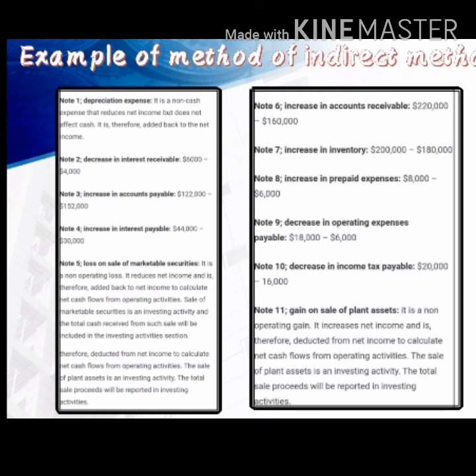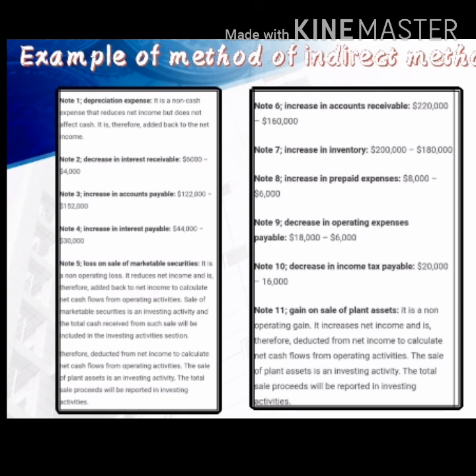Then last is number 11, the gain on sale of plant assets. Here it says that it is a non-operating gain because plant assets are already owned by a company over years. It increases net income and is therefore deducted from net income to calculate net cash flows from operating activities.